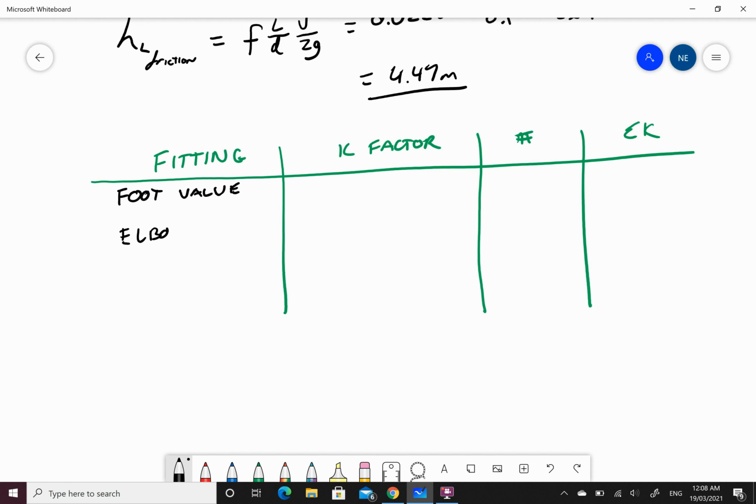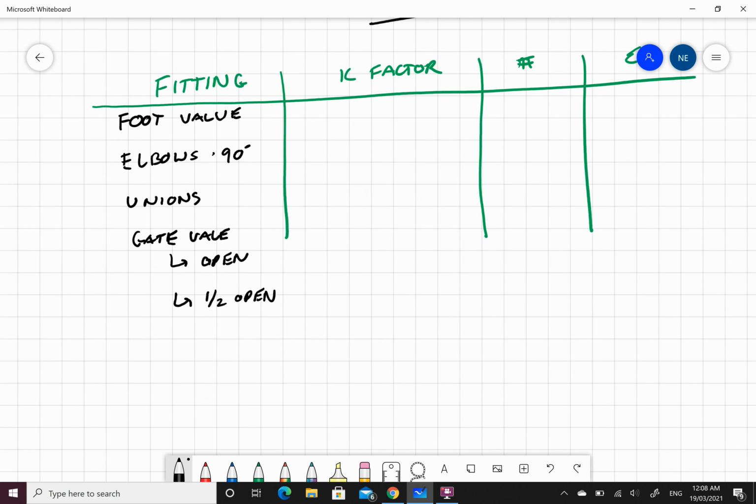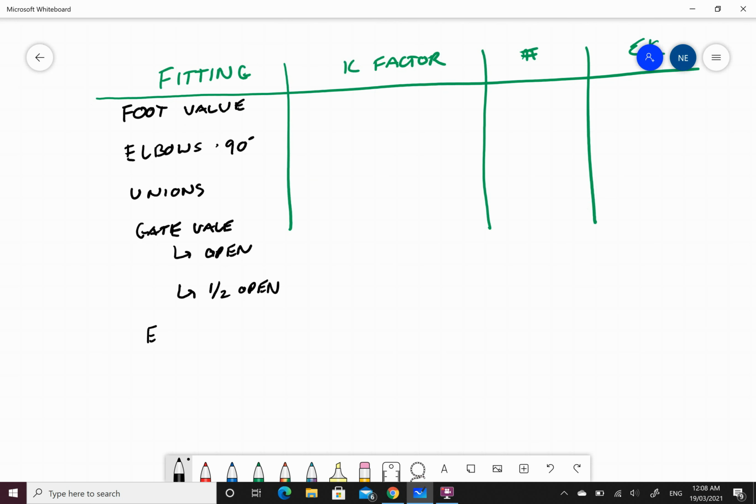My standard elbows, some unions, gate valves, and I have one that's open, I have one that's half open, and I have an enlargement.